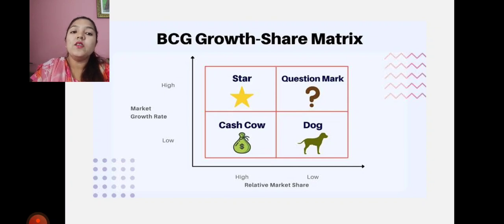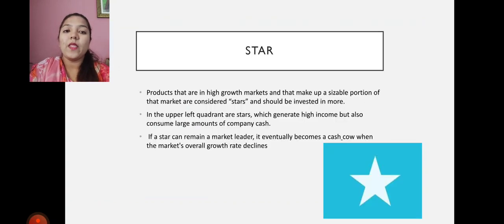Question mark has a low relative market share and high growth rate. Cash cow has a high market share but a very low growth rate. And dog has no growth rate and no relative market share. Then only diversifying or liquidating remains as an option for the dog.